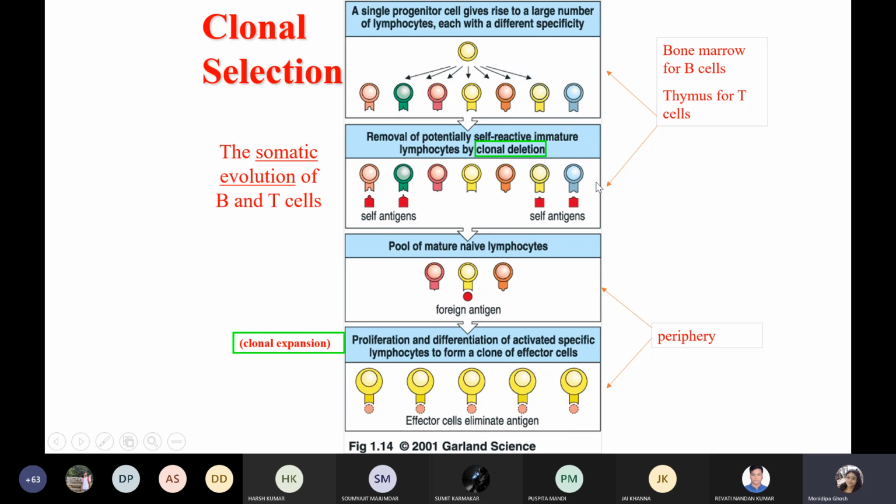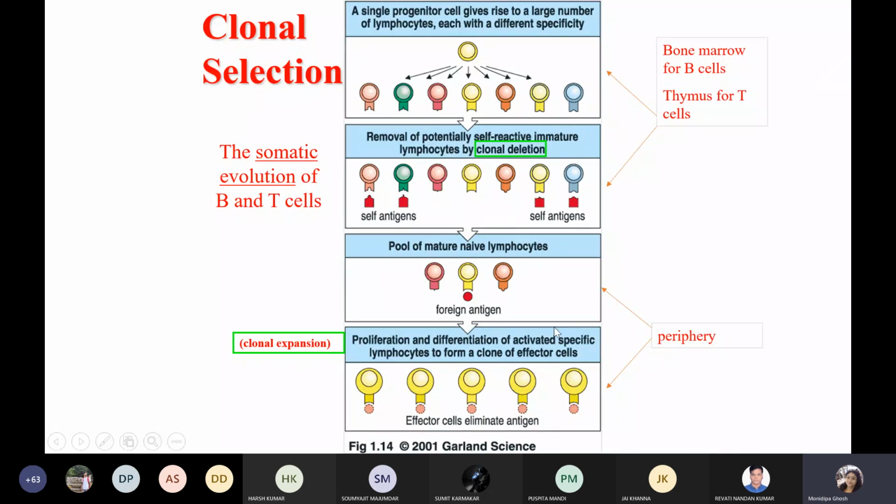The cells which are interacting with the self products are not proliferated, and proliferation means an increase in number. If these populations are not increased in number, then these antigen-specific antibodies will not be produced, and B cells only take part in the humoral immune response. So this antigen-cleaving mechanism of action is stopped.